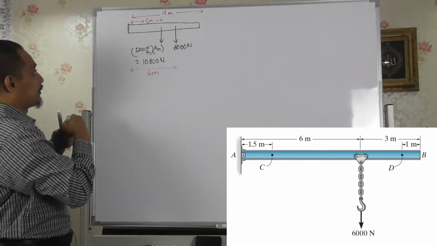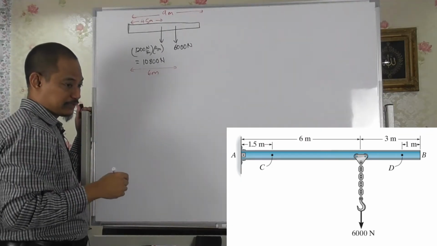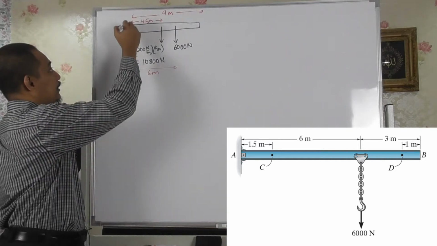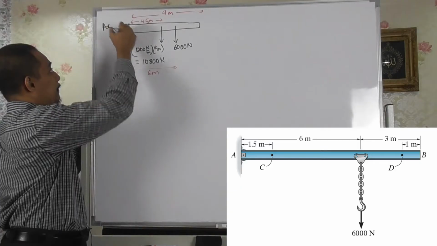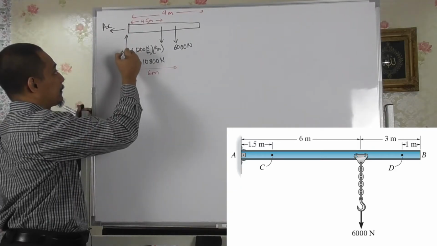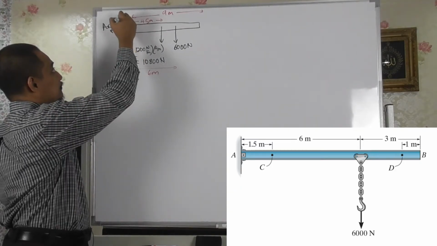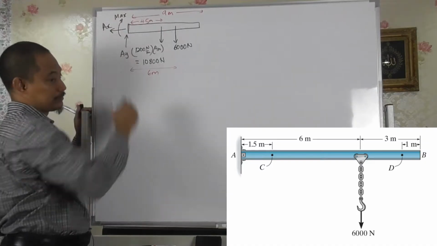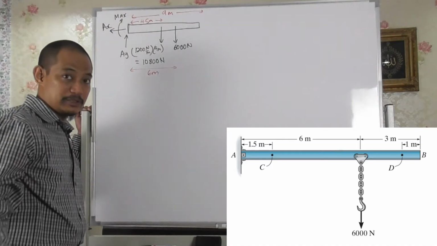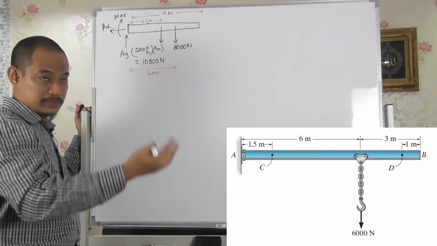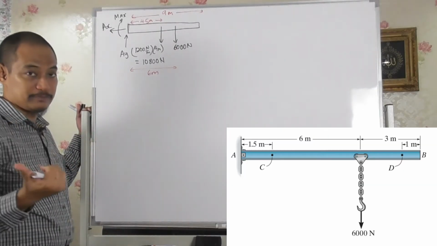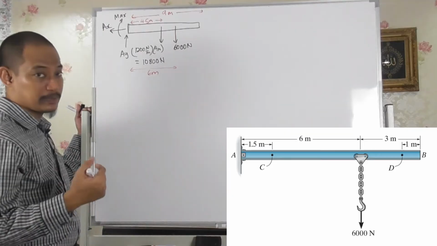Because point A is a fixed support, let's say we have Ax, Ay, and Max. For fixed support, as we have covered in the previous chapter, you will have force Fx, force Fy, and moment.